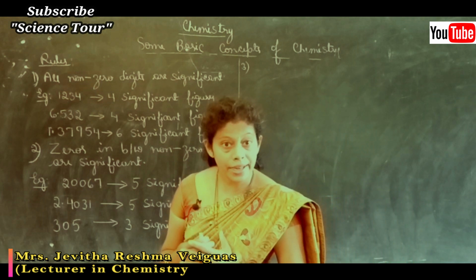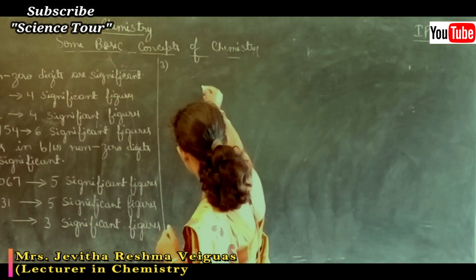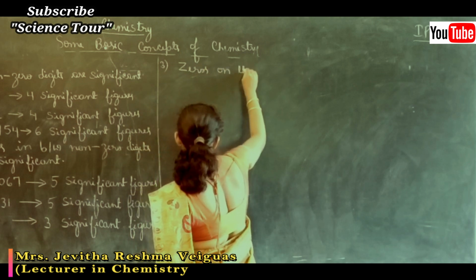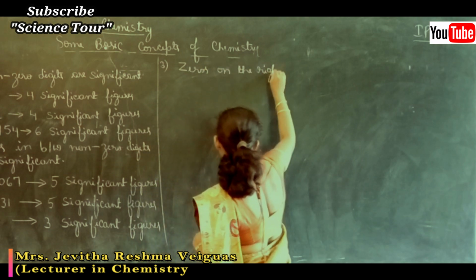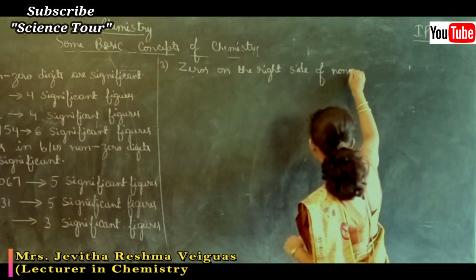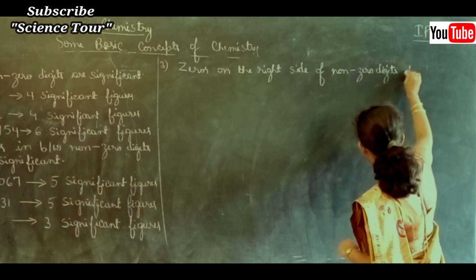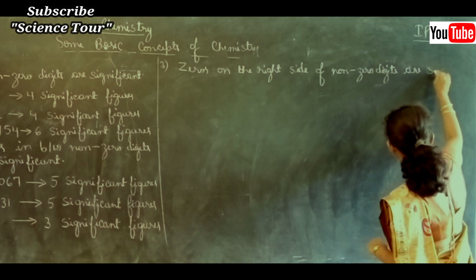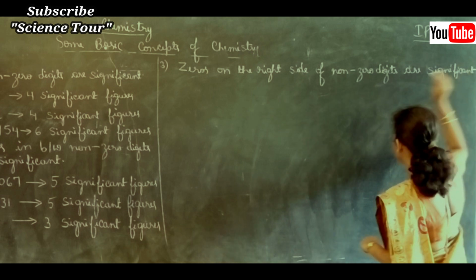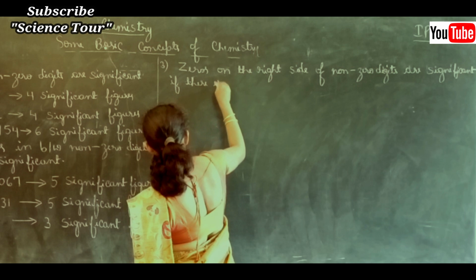Zeros on the right side of non-zero digits are significant if there is a decimal point.